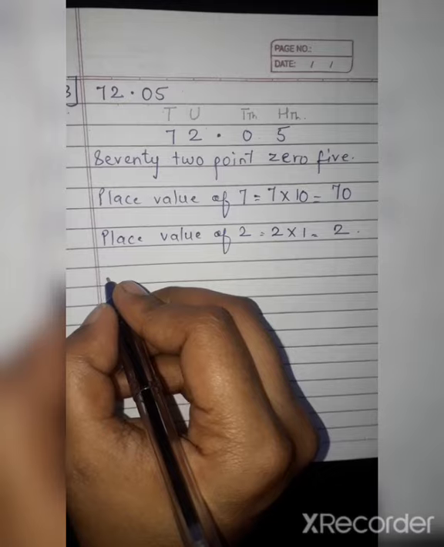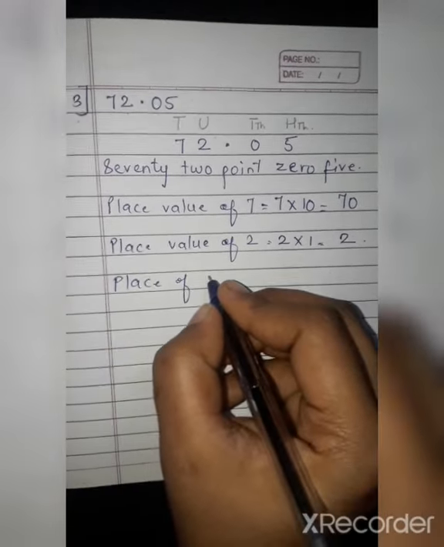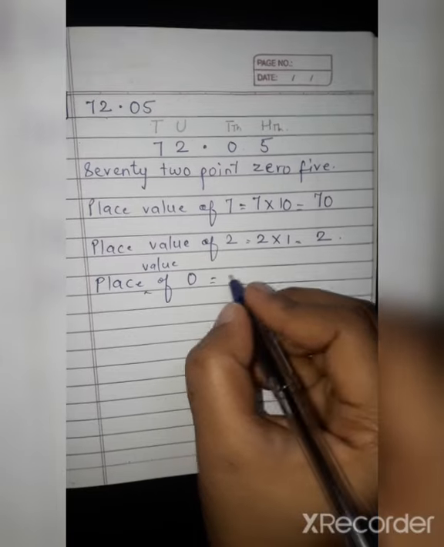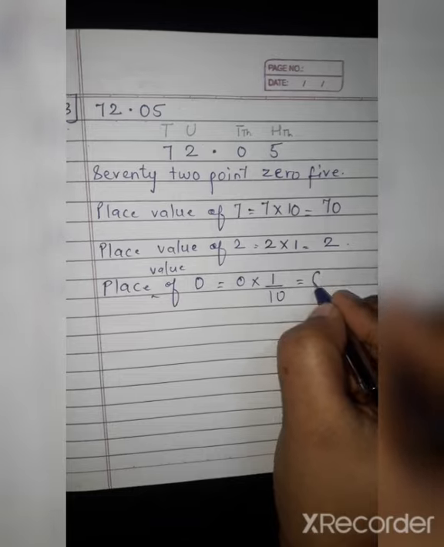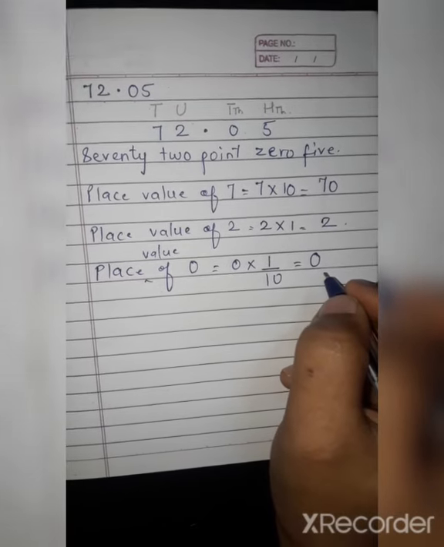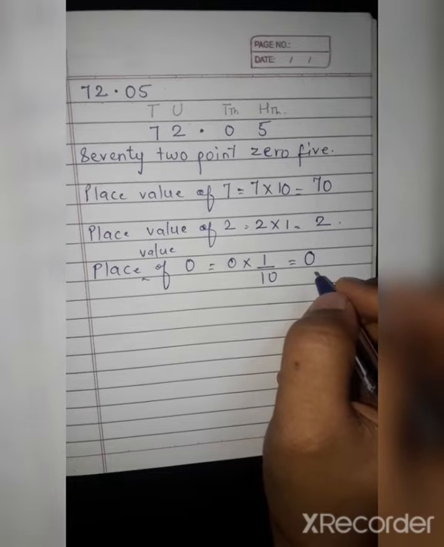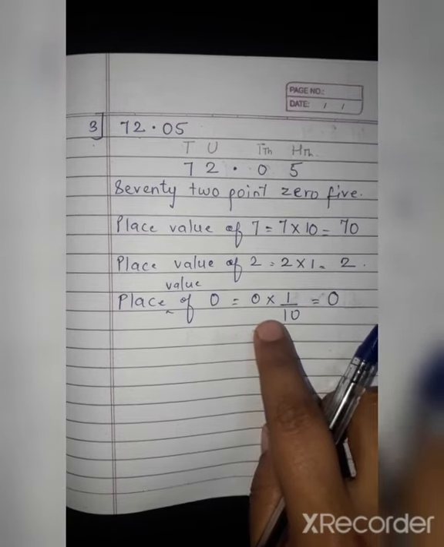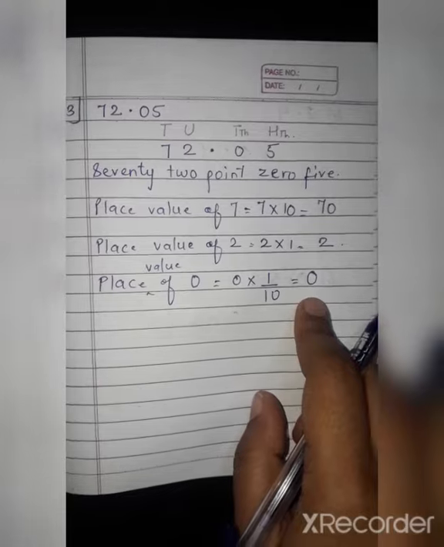Then after the point, which number is there? 0. Place value of 0. So 0 multiplied by 1 upon 10. So your answer will be 0. Understood, students? Because always remember, students, if you multiply any number by 0, the answer comes as 0.